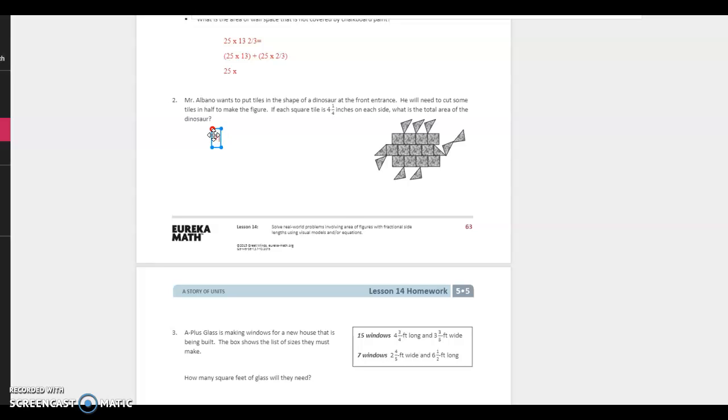That means we're going to take 4 1/4 times 4 1/4, and that's going to give us the area of one tile, just one, which means once you find out the area of one of those tiles, then you have to do something with that answer, whether you're going to add, subtract, multiply, or divide by the amount of total square tiles that you have. Keep in mind, once again, 4 1/4, you might want to keep it that way, or you might want to turn that into an improper fraction.